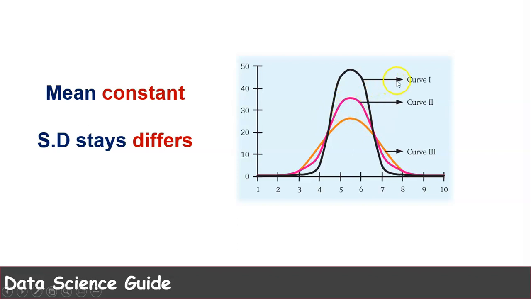So in the first case, curve 1, the standard deviation is low. And in curve 2, standard deviation has been increased. So that's why you will see the curve is wider. And again, in curve 3, you will see a bigger standard deviation. And that's why the curve is the widest compared to the two previous scenarios. So this is an example when the mean stays constant and the standard deviation differs.